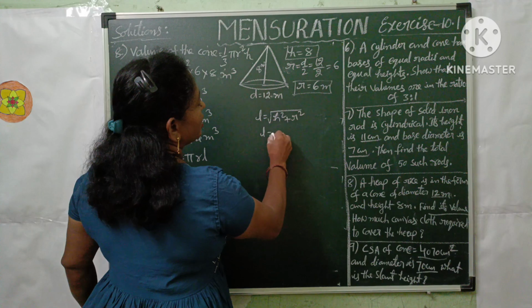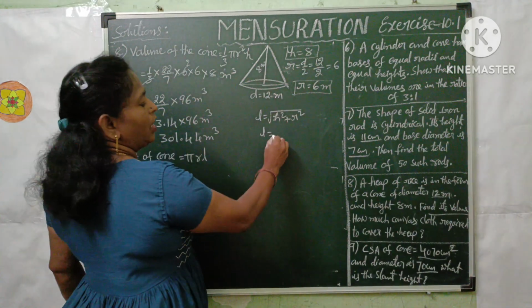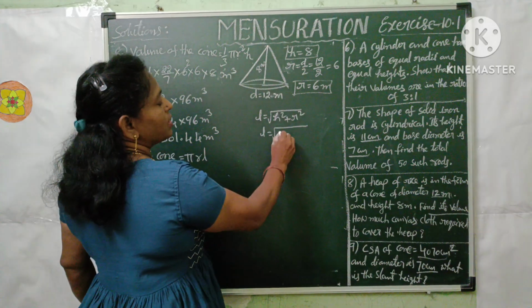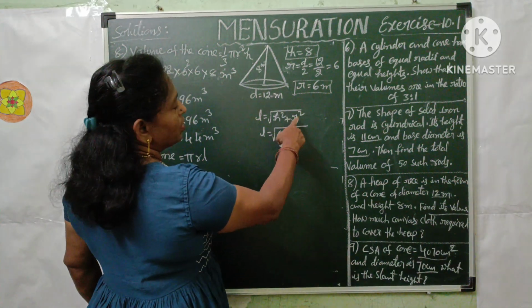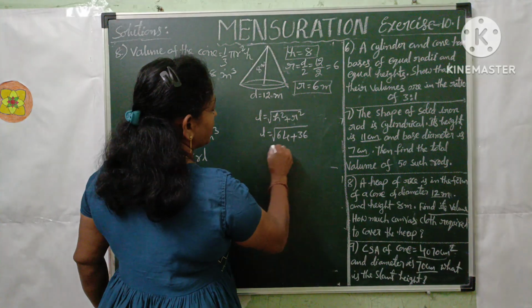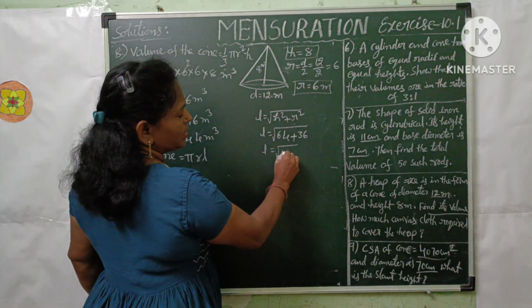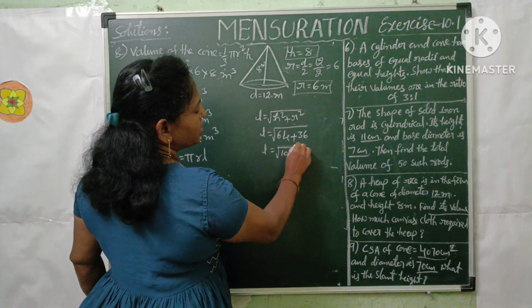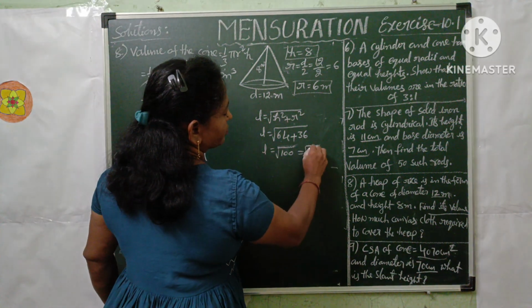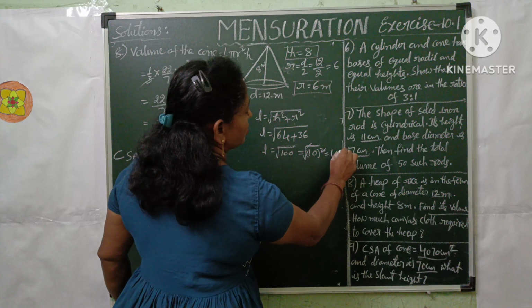Okay, so l equal to h square means 8. Height of the cone is 8. So 8 8s are 64 plus radius of the cone 6. So 6 6s are 36. That is equal to l equal to square root of 64 plus 36, 100. 100 is the square of 10. Square root cancels, that is equal to 10.